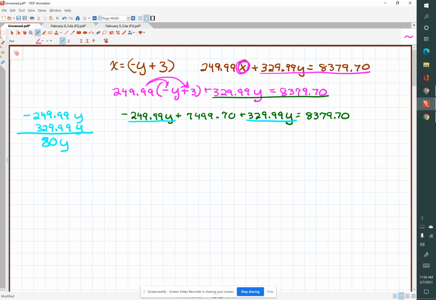So we've added this to get 80y plus 7499.70 equals 8379.70. Okay, let's subtract 7499.70 from each side of the equation.